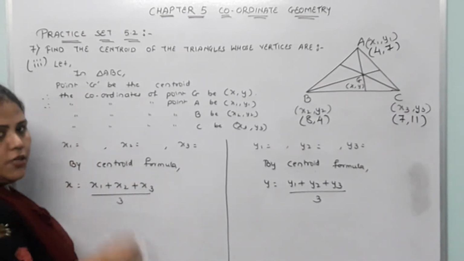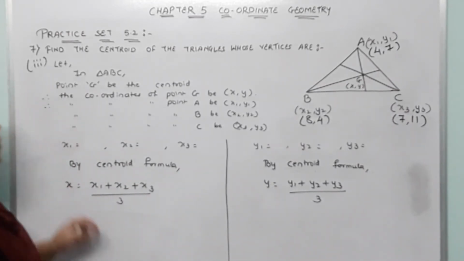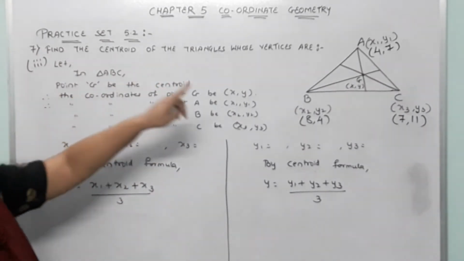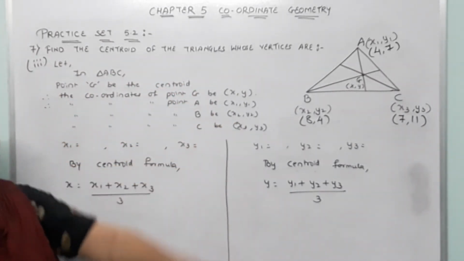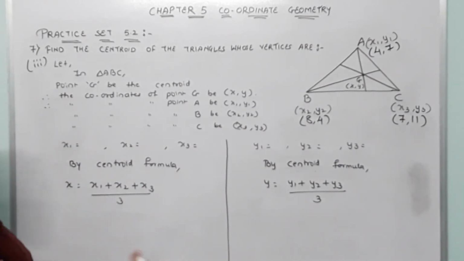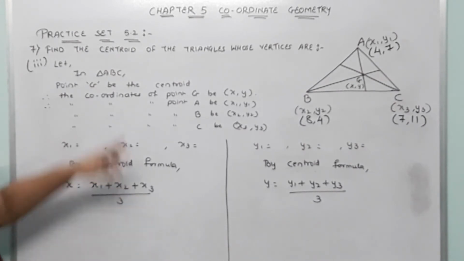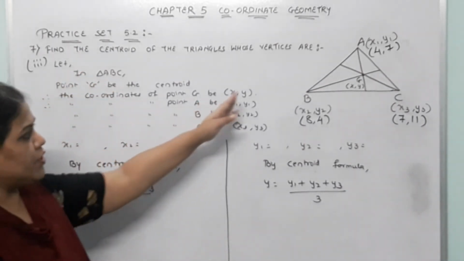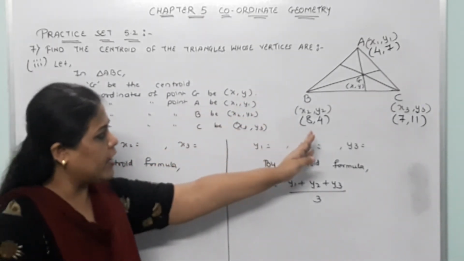Now see the third sub question of question number 7, that is find the centroid of the triangle whose vertices are (4, 7), (8, 4) and (7, 11). Again we have to make use of centroid formula here. So here in triangle ABC, G is the centroid. Coordinates of G are x and y. For A it is x1, y1.